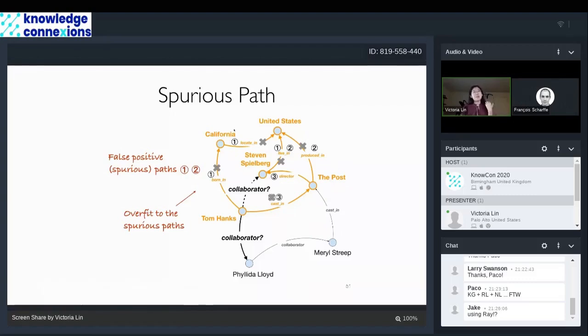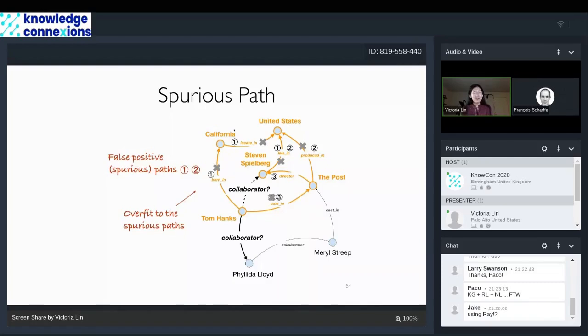So if a particular path has received a positive reward before, it is likely to have higher probability in the policy function, so that your agent will likely be sampling that path more and more often. This way, we end up reinforcing the agent with respect to the spurious path, which is not what we want. We want it to reinforce the informative path.